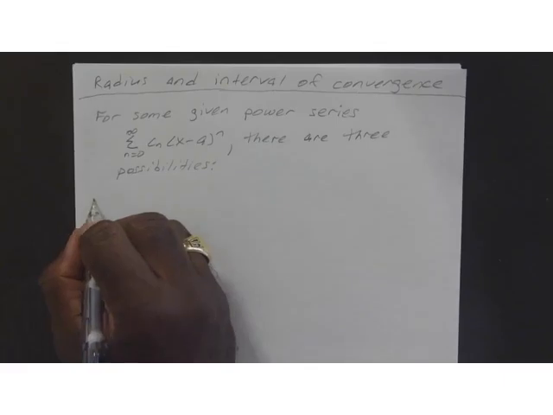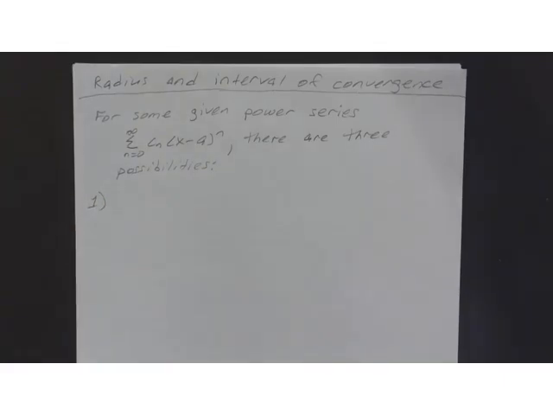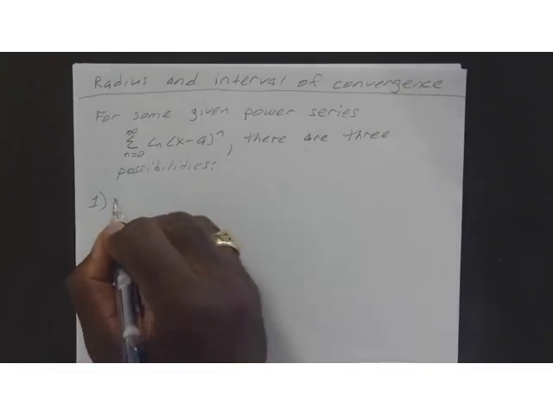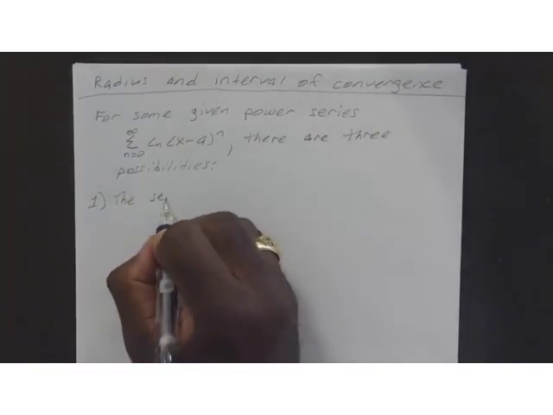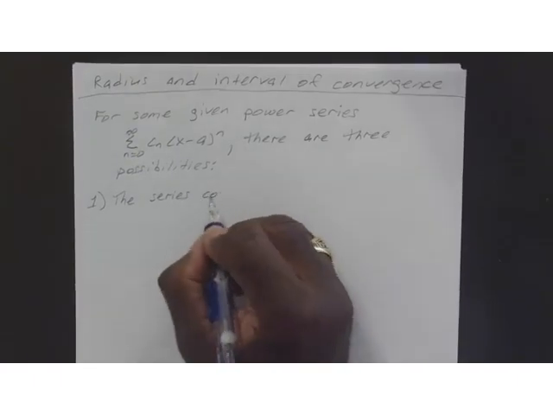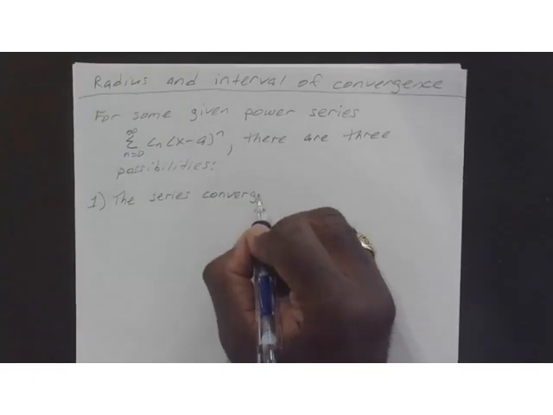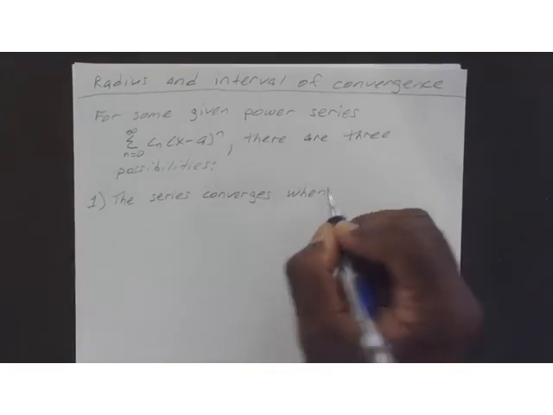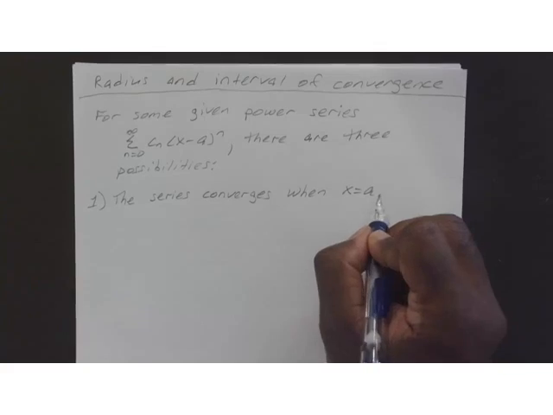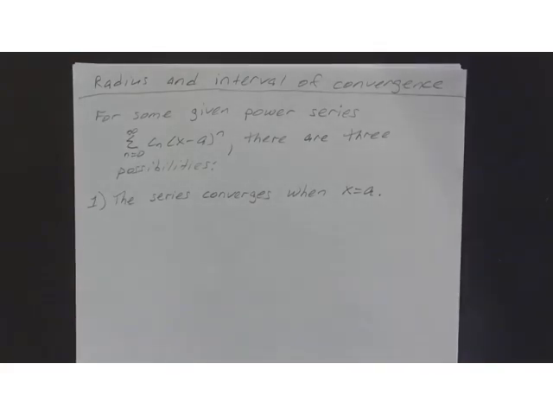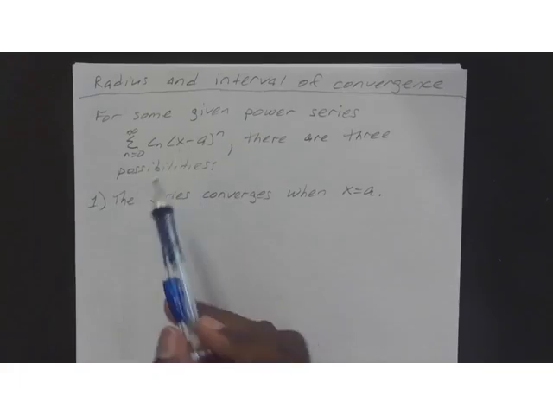So the first possibility is that the series converges only when x is equal to a. The second possibility is that every value of x is convergent.